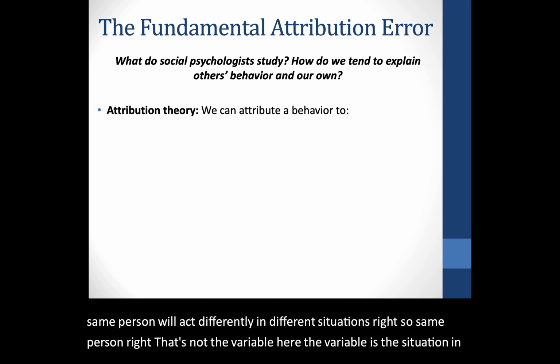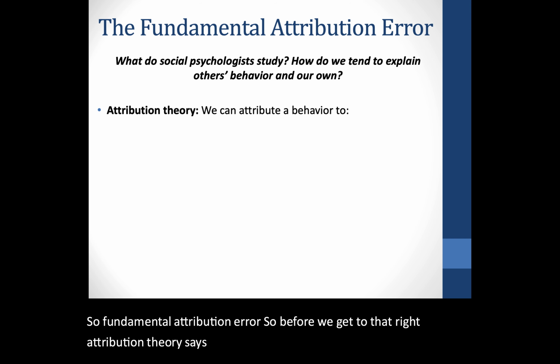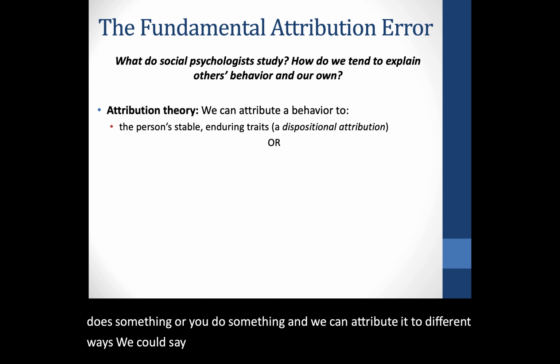Okay. So fundamental attribution error. So before we get to that, right, attribution theory says that we can attribute a behavior, so somebody does something or you do something, and we can attribute it 2 different ways. We could say, oh, the person did that behavior because of their stable, enduring traits, right?